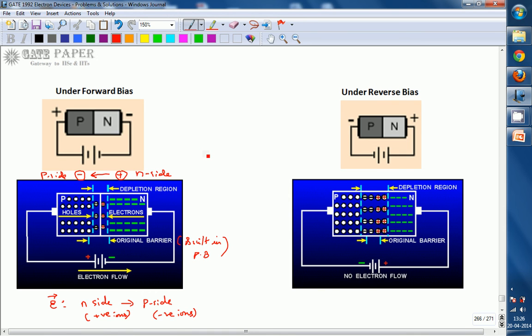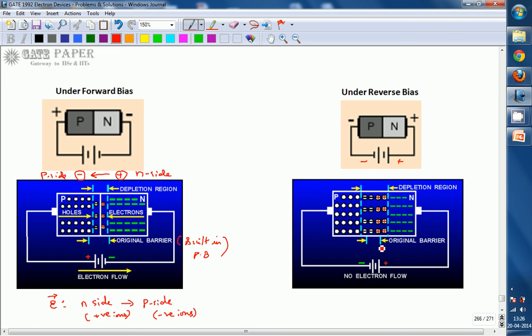Reverse bias is nothing but applying a more positive voltage on the N side compared to the P side, so the N side is connected to the positive terminal of the battery and the P side to the negative terminal. Under reverse bias, the potential barrier increases, that is, the width as well as the height of the potential barrier.